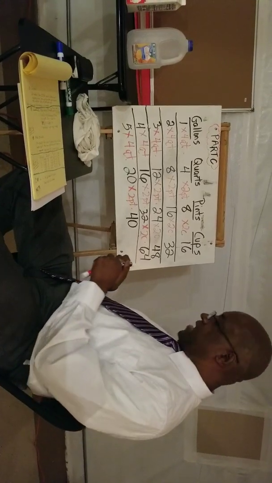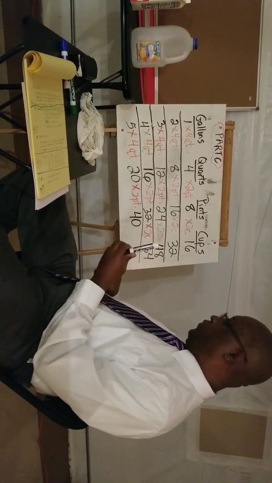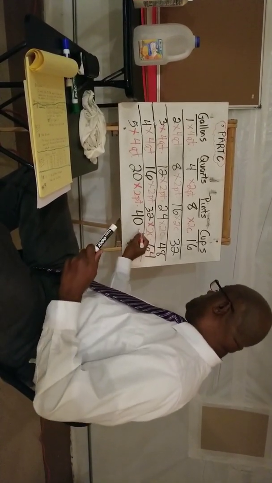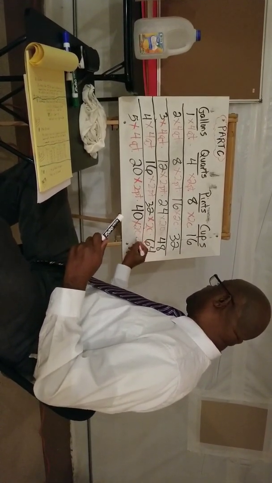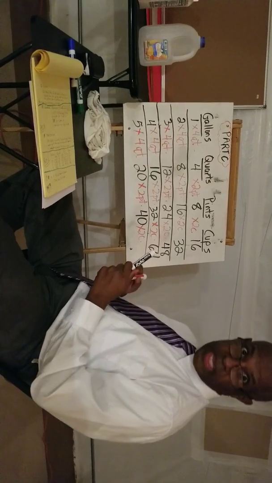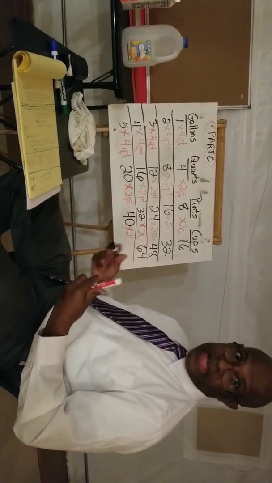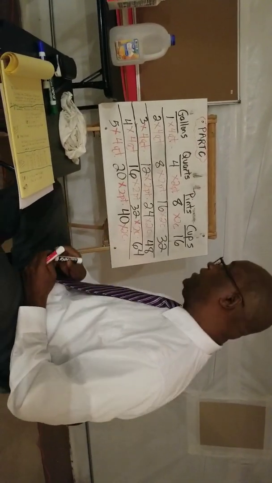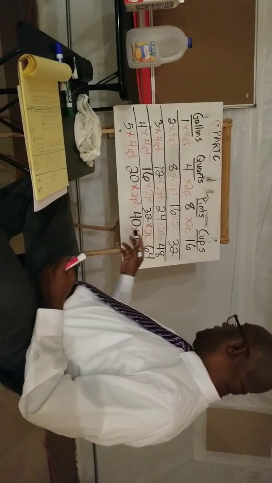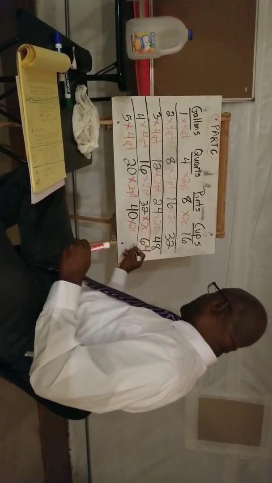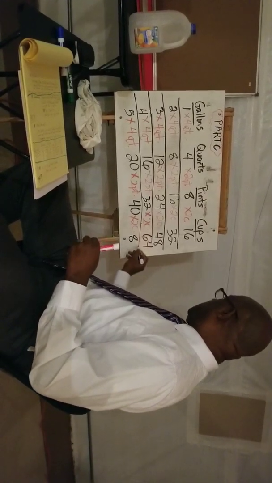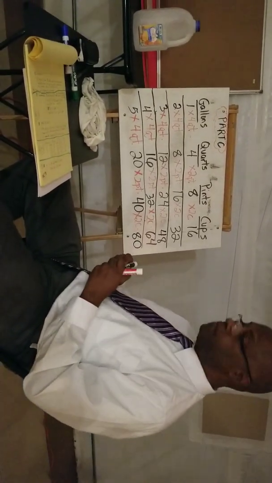So we know that there are 2 cups in every pint. So if that's the case, which we know that is true, you multiply 40 pints times 2 cups, and that will give you a total of 80 cups.